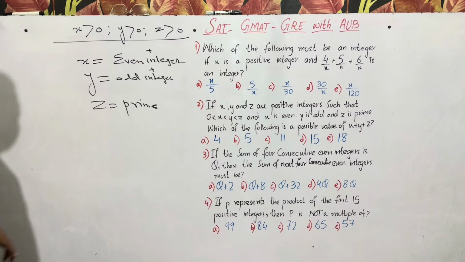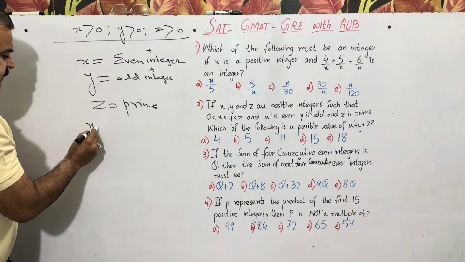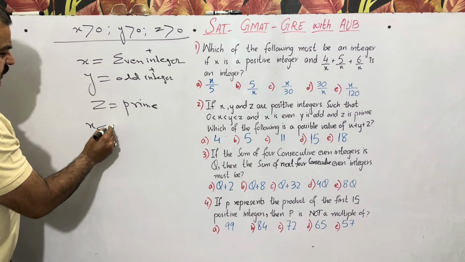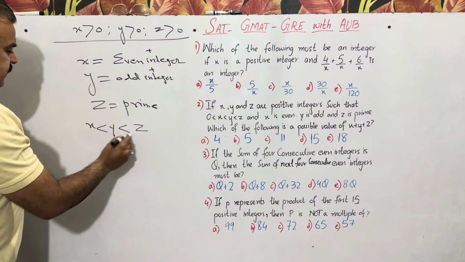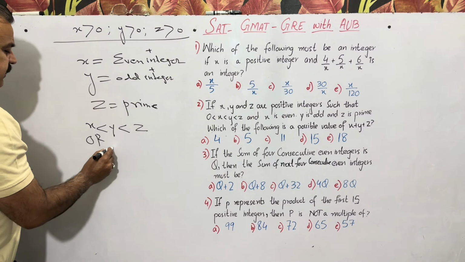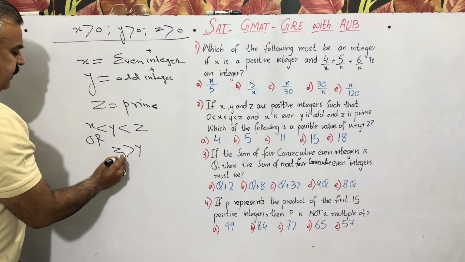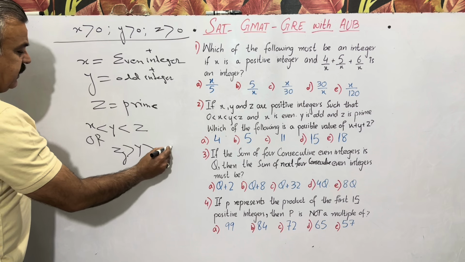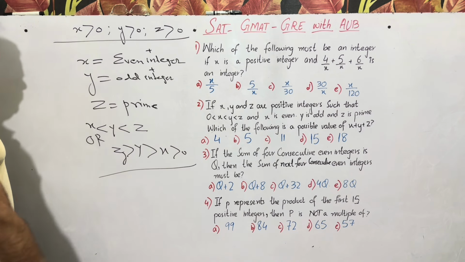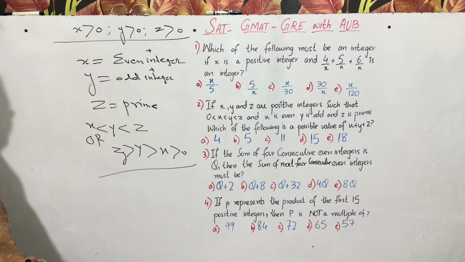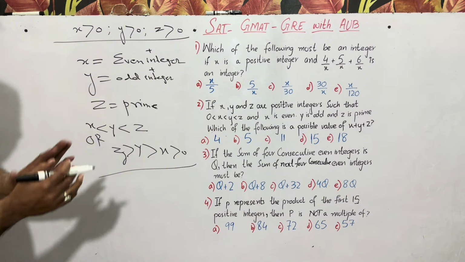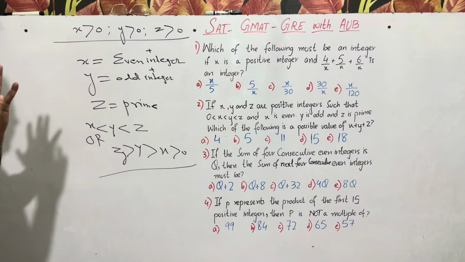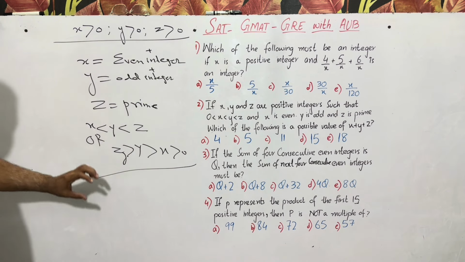And we have been given the condition x is less than y, y is less than z, or one can write z is greater than y and y is greater than x, and x is greater than 0. Now we have to sort out the possible value of the sum of x, y and z.